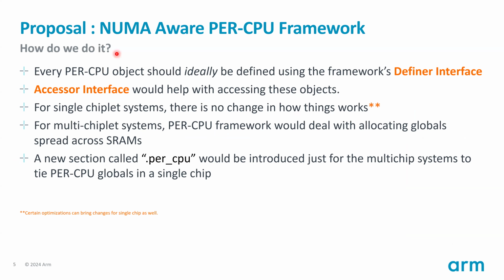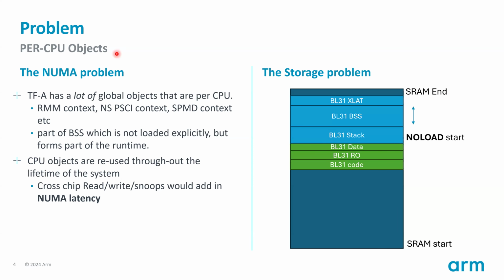Sorry, Rohit, just on the previous slide, I think it's worth clarifying. So the SRAM, what is being represented here is for one chiplet. And currently, as TFA stands today, we need a contiguous block of SRAM for TFA to run and execute.